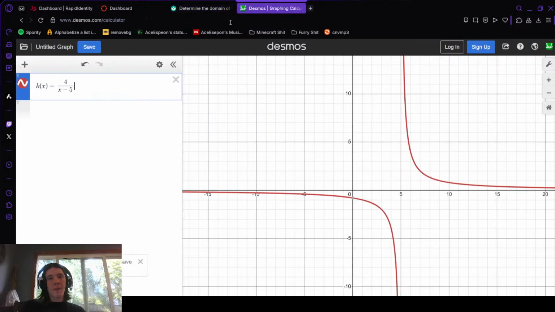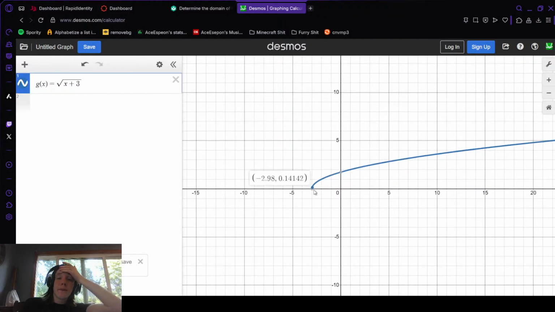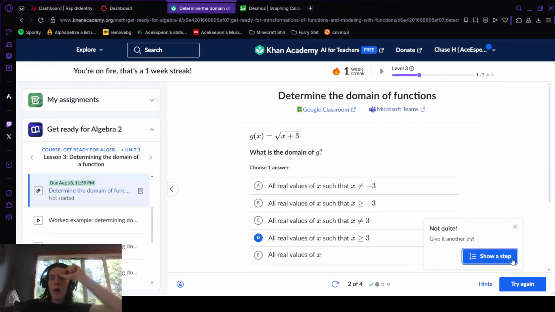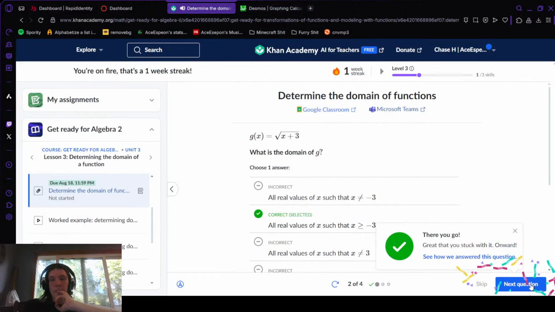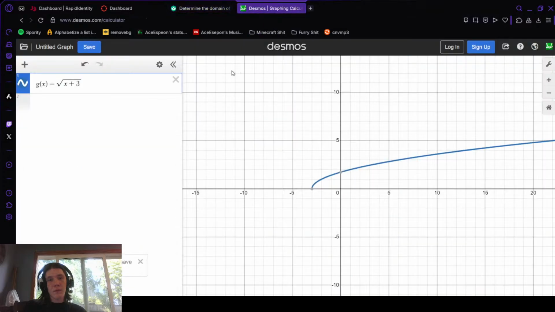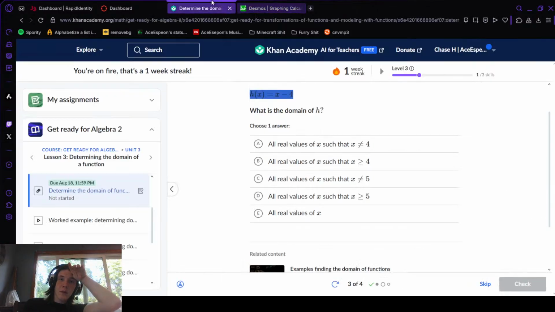Photograph these ones. What's the domain of H? Gotta check that one. Seems rather easy. Oh.